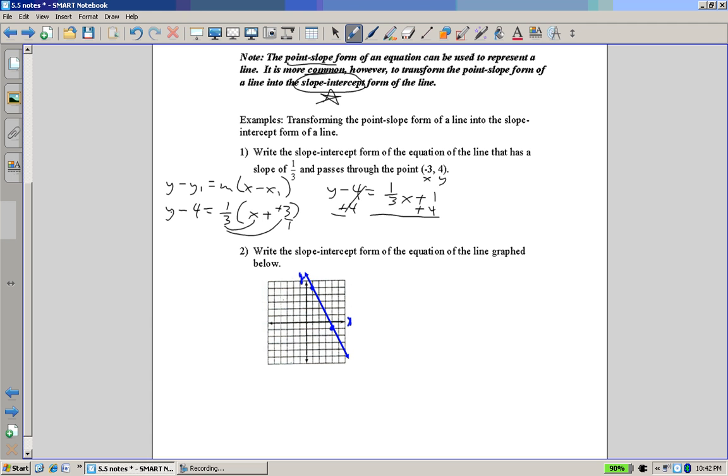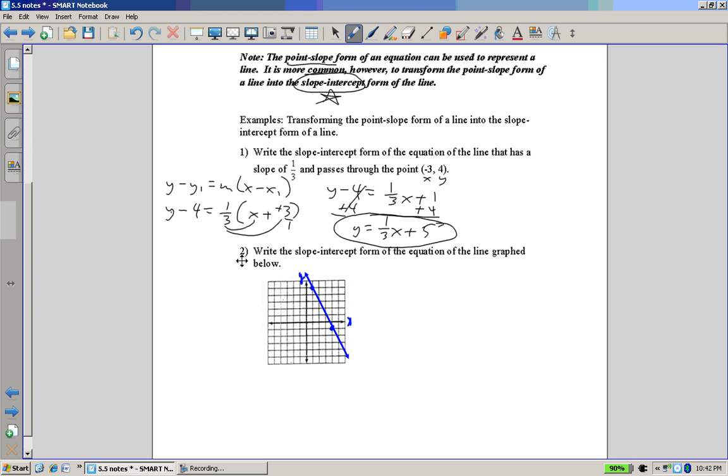So that would add to 0, additive inverse property, and then additive identity. Also, y plus 0 gives me y. I have y equals 1/3 x plus 5. And I have my finished version. So first I write it in point-slope form, then I distribute, add the opposite to get the slope-intercept form, which is much more useful.